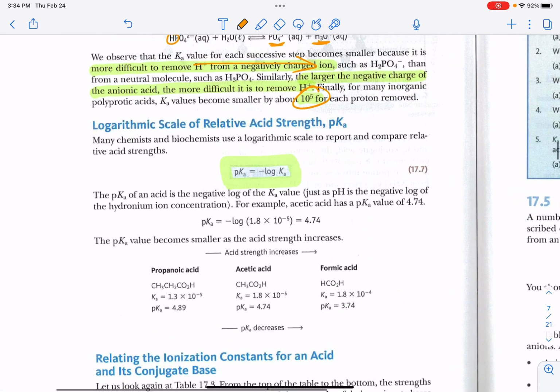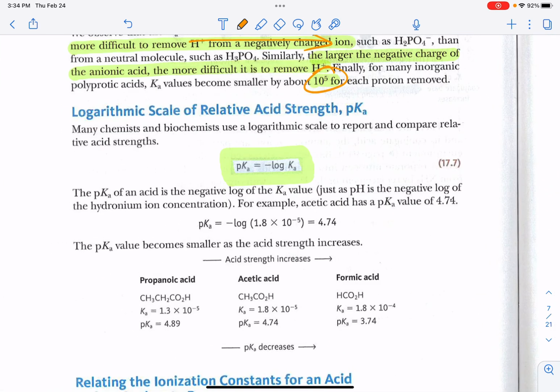Now, a device that chemists often use when they talk about acids and bases and their relative strengths is to take the negative log, not of the hydronium hydroxide, which you learned about earlier in the chapter, but to take the negative log of the Ka. Because the Ka or the Kb almost always are very, very small numbers, 10 to the minus 3, 4, 5, 10, 15, 20, and so forth.